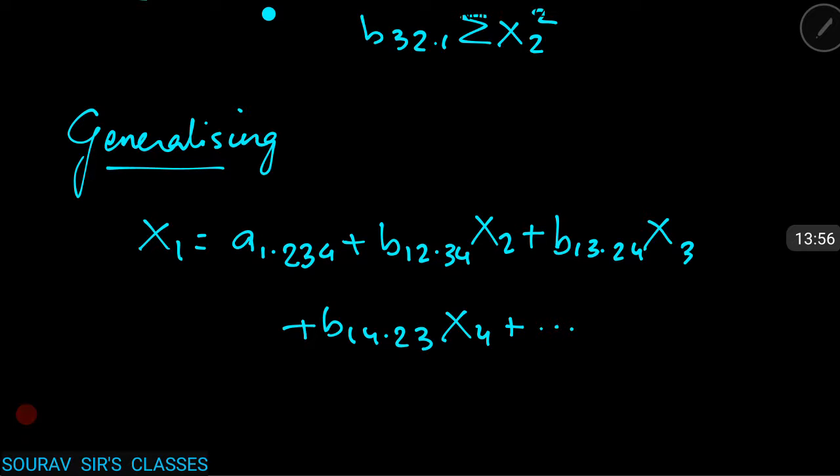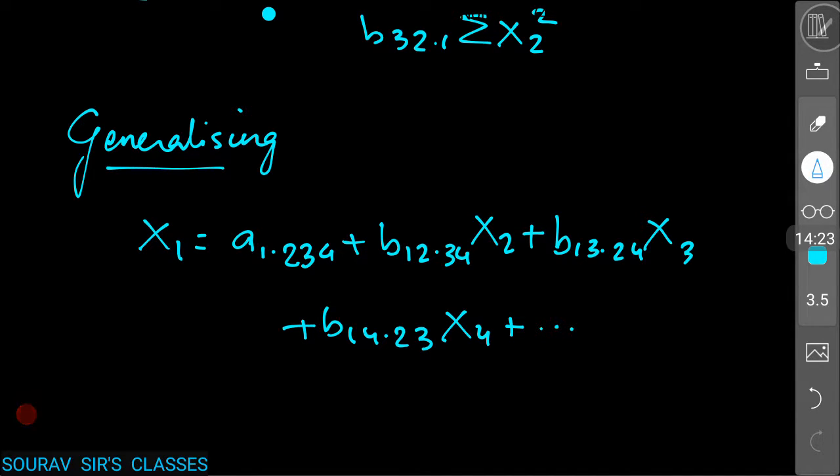The four normal equations for determining the values of a 1.234, b 12.34, b 13.24 and b 14.23 can be obtained by multiplying the above equation on both sides by x1, x2, x3 and x4.